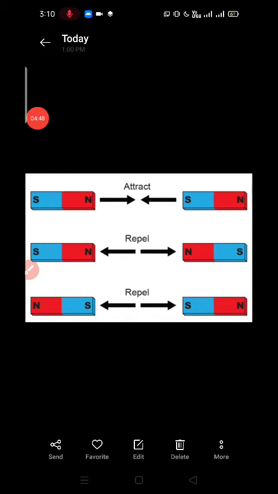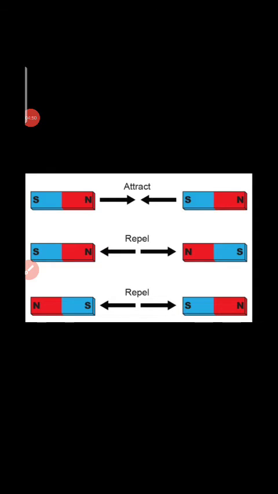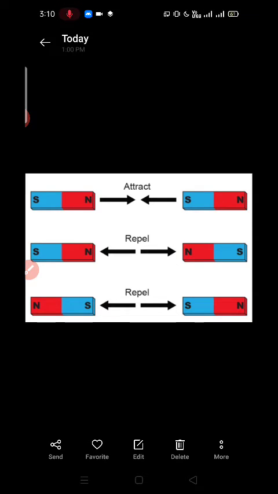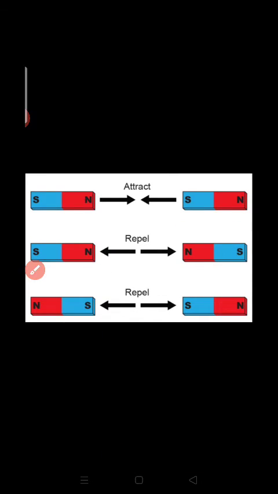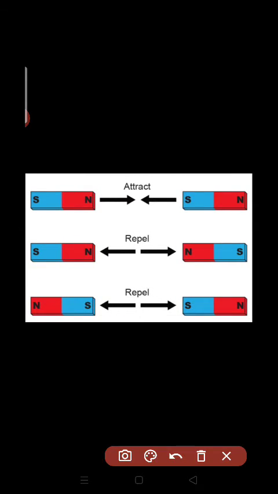Next property is, like poles repel and unlike poles attract. If you see that two magnets are given, 1 and 2. If we keep the magnets facing north direction and south direction, these are two different poles, so they get attracted.